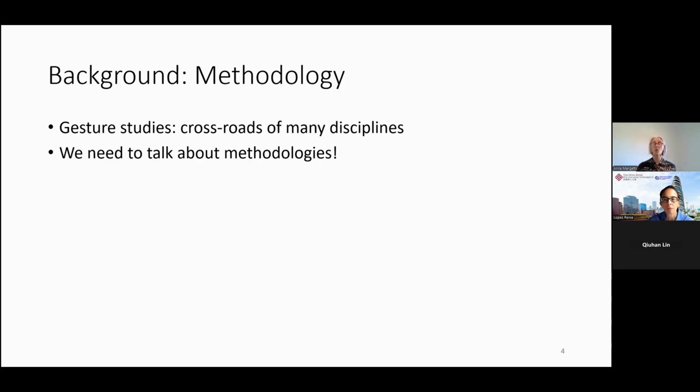So background, first of all, why talk about methodology? Gesture studies is really a crossroads of many disciplines, right? We have people come from cognitive science, from neuroscience, from education, from psychology, first language acquisition, second language acquisition, and in my case, sorry, conversation analysis, all kinds of corners.